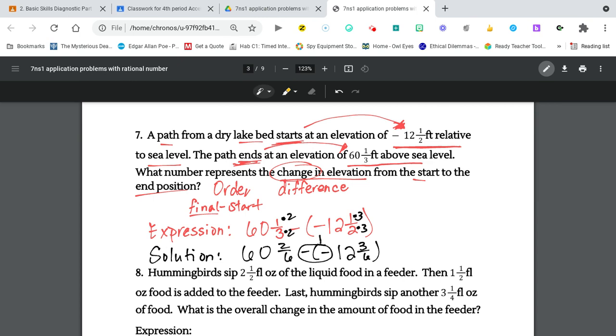And this is a plus. So basically, guys, this is regular addition. This is 60 and 2/6 plus 12 and 3/6. So I can just add those up. That's going to be 72 and 5/6 feet. That's 72 and 5/6 feet difference.